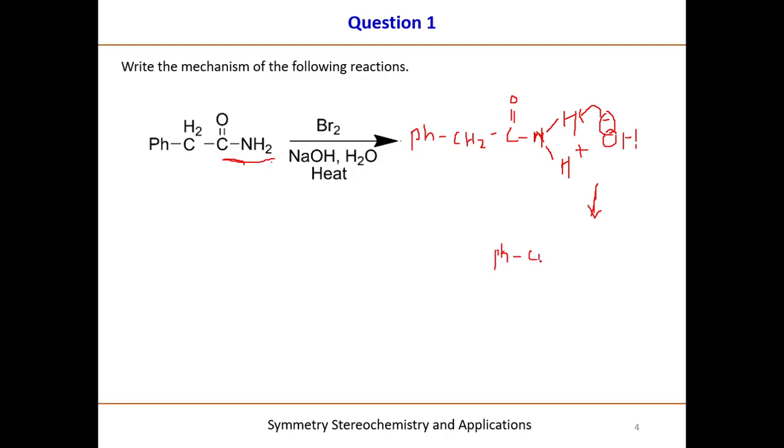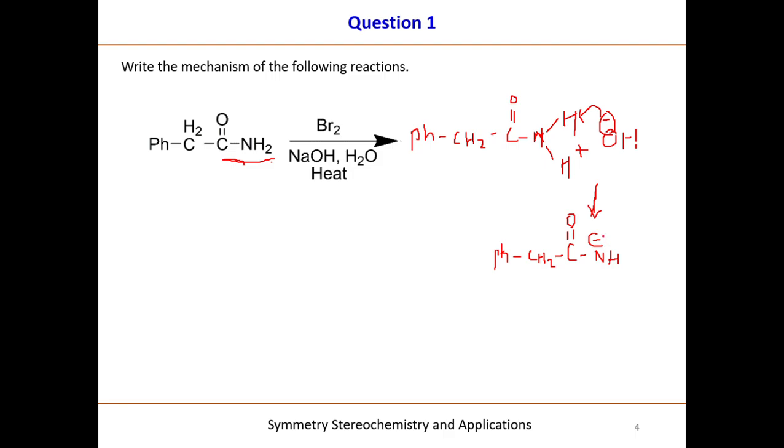This phenyl and CH2 group will remain as it is. Only the reaction is taking place at the amide position. So this amide will become NH minus, correct? After deprotonation, it will become NH minus. The very first step.